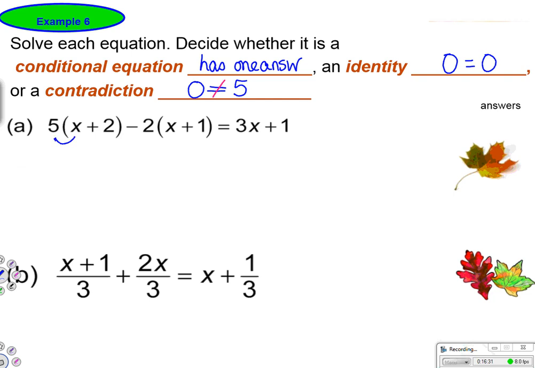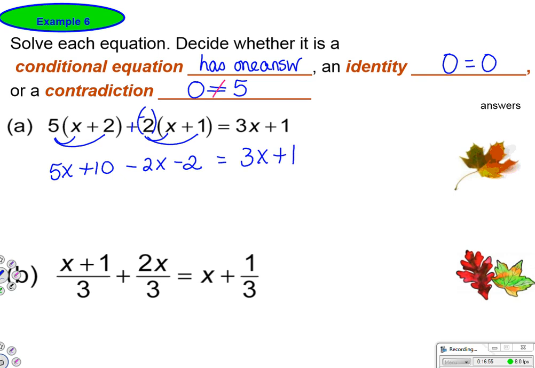Start off, distribute through. Be careful with this second one. We get 5x plus 10. This is plus negative, so it's a -2 that I'm distributing. That'll give me minus 2x minus 2 equals 3x plus 1.